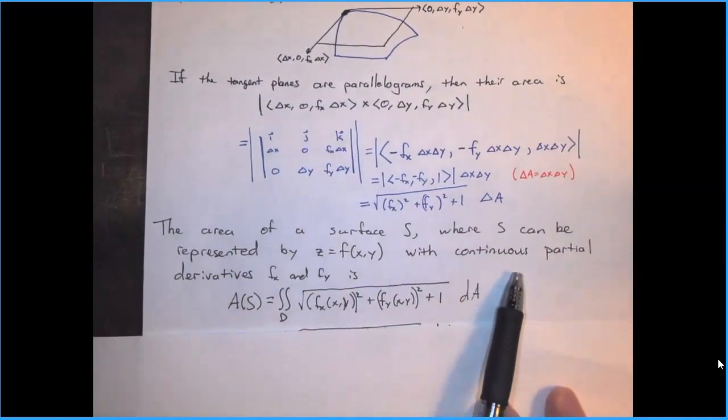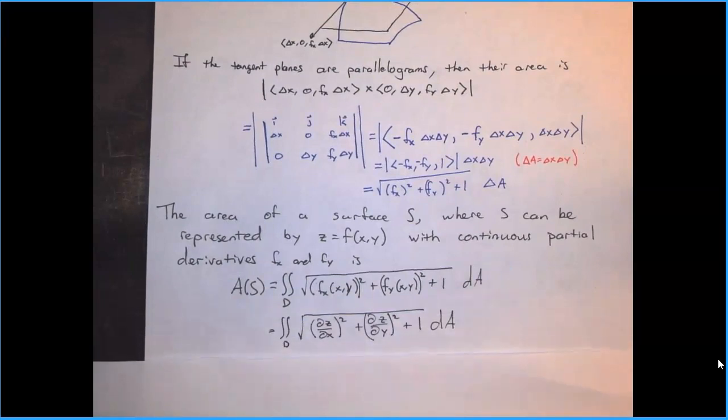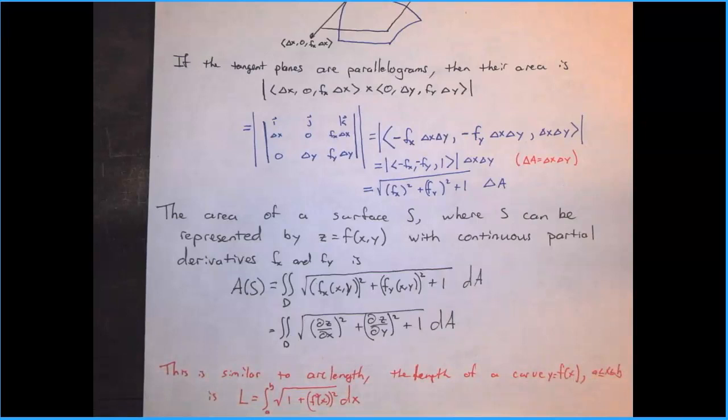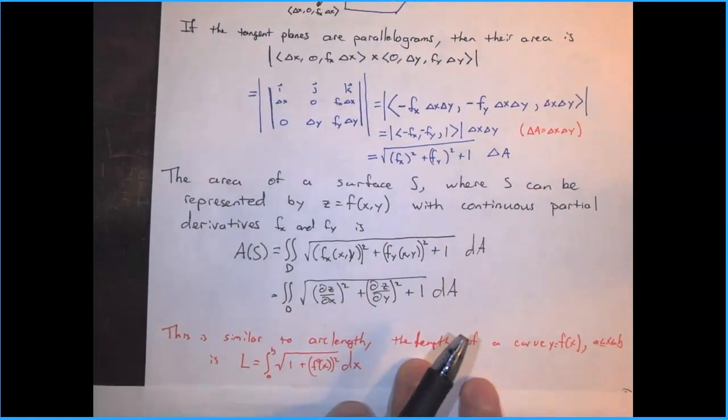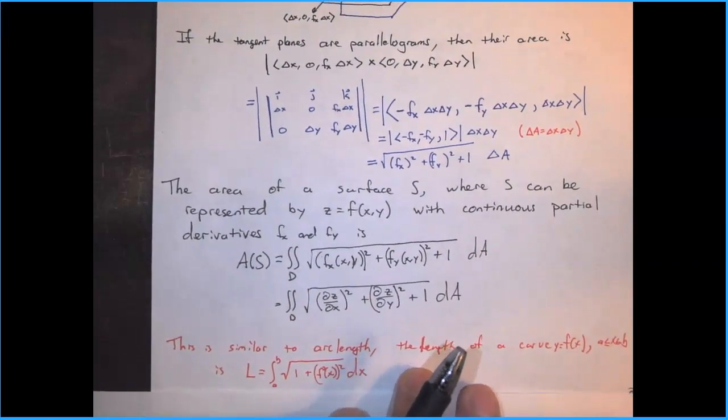You can also represent this with partial derivatives of z, just replacing f sub x with the partial derivative of z with respect to x squared plus the partial derivative of z with respect to y squared, because it's the same thing. Now this formula is similar to what you might have seen in Calc 2 for the formula for arc length. There we were just finding arc length, so that's a one-dimensional curve. Here we're doing surfaces, which are two-dimensional.